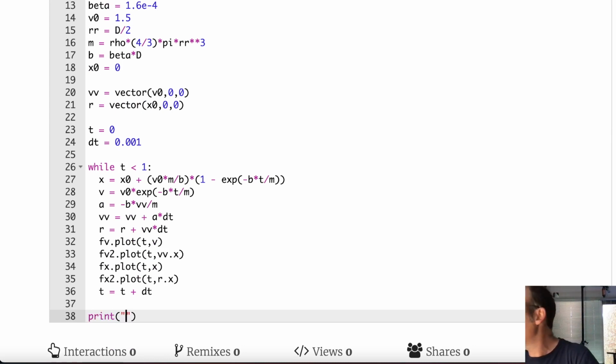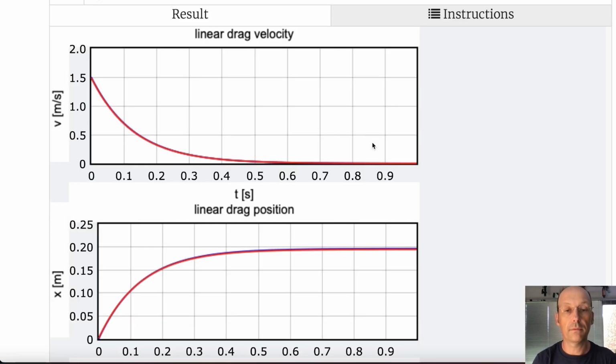What's it in the equation? It's v0 m over b, equals v0 times m divided by b, in meters. And let's just see if we get something like the same thing.